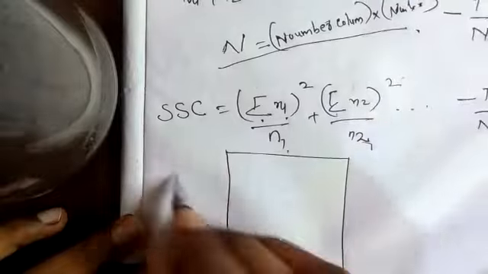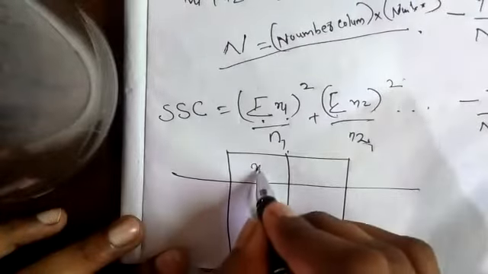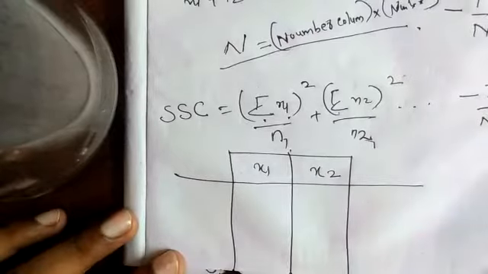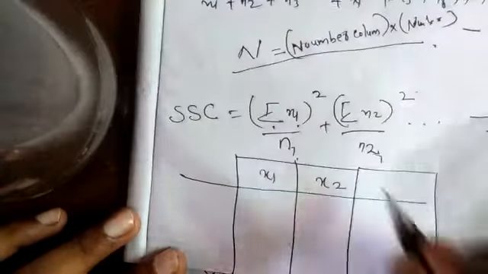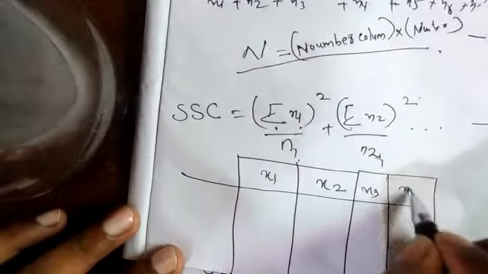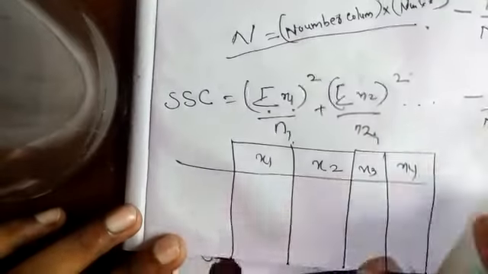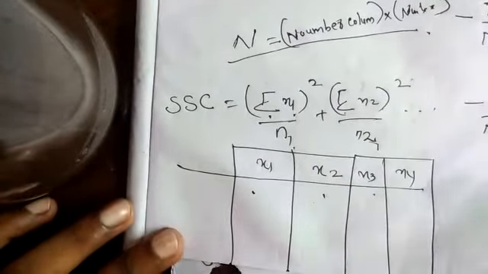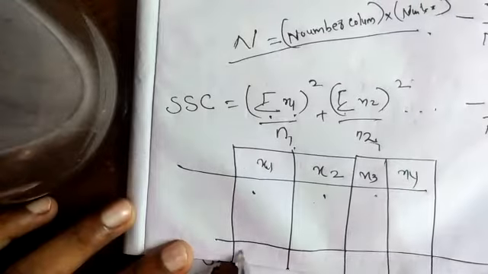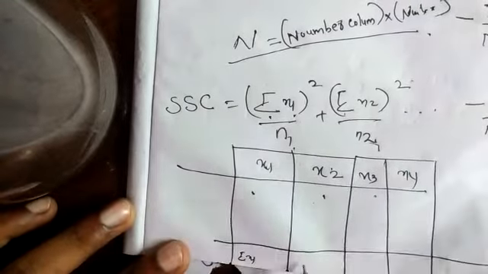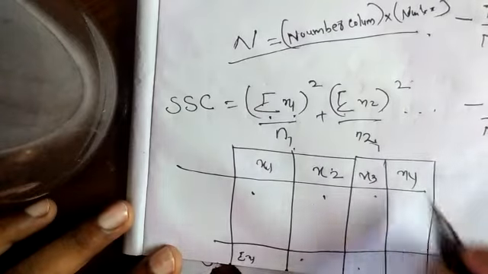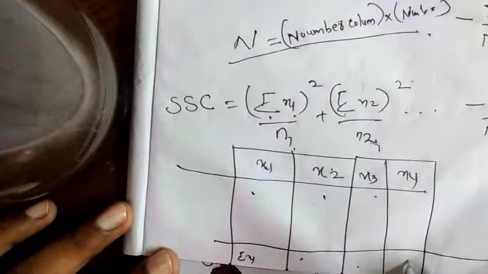That means you have some observations. The first column we say x1, next column we say x2. You take 4 samples, so we have 4 columns, x1, x2, x3, x4. So sigma x1 means this column sum, sigma x2 means this column sum, sigma x3 means this column sum, sigma x4 means the 4th column sum.